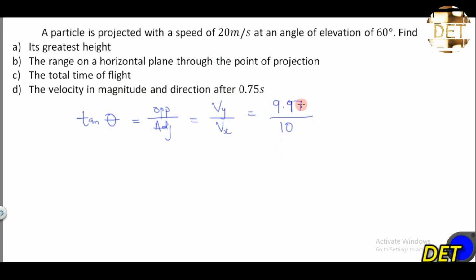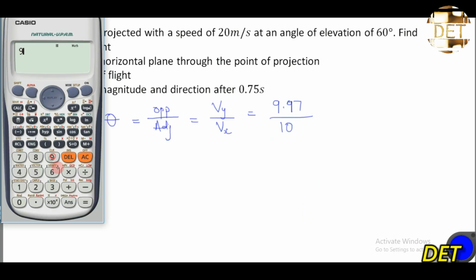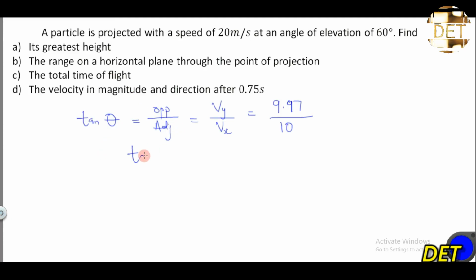So 9.97 divided by 10 will be equal to 0.997, right?